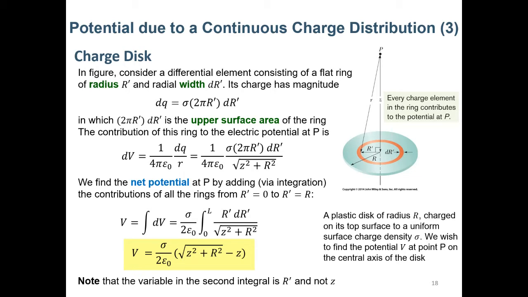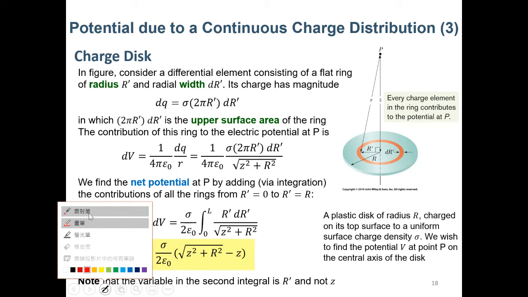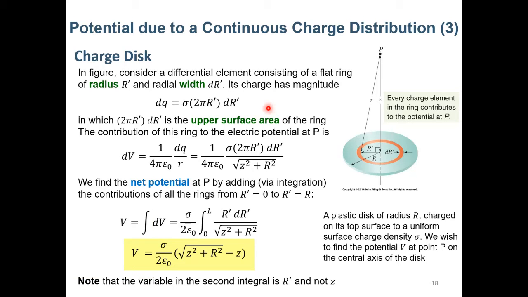So next, we consider the potential due to another type of continuous charge distribution. Here we have a charge disk, similar to what we did in chapter 22. We also calculated the E field for a charge disk, but now we calculate the electric potential.